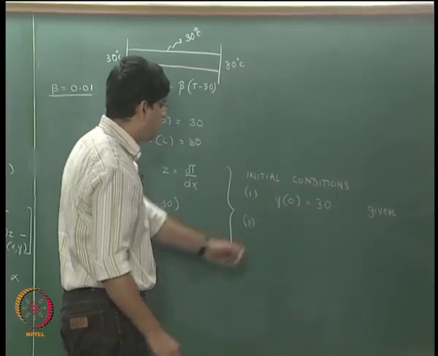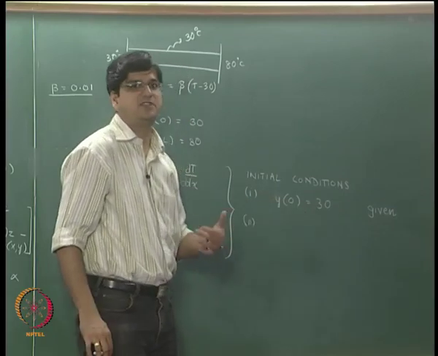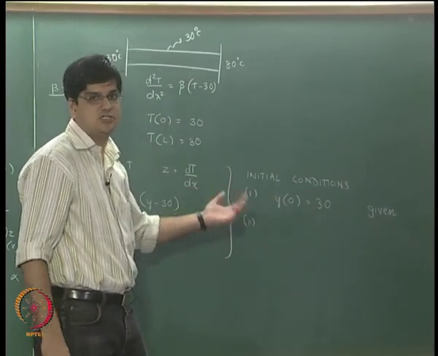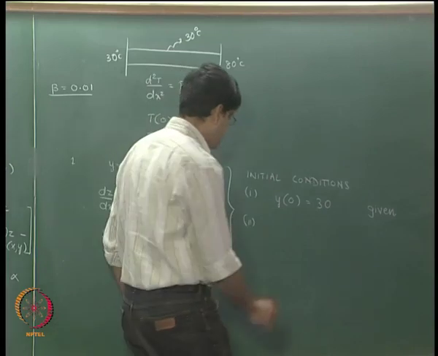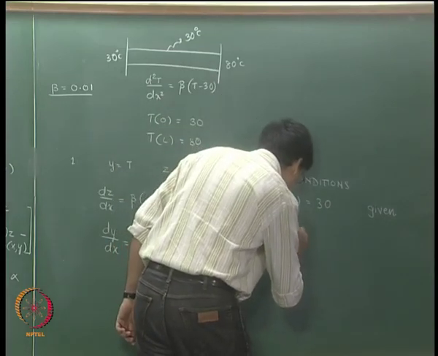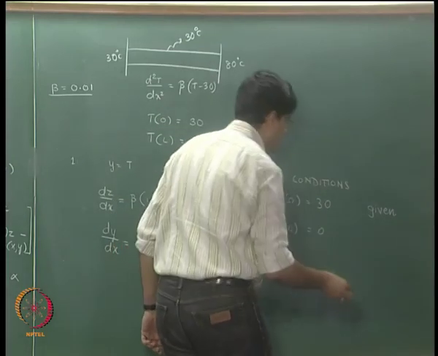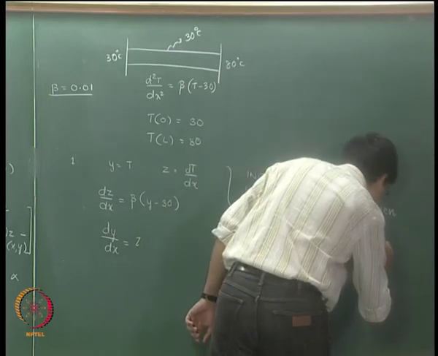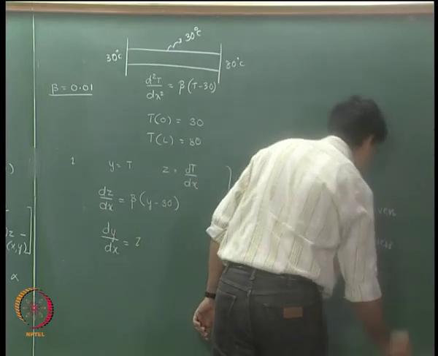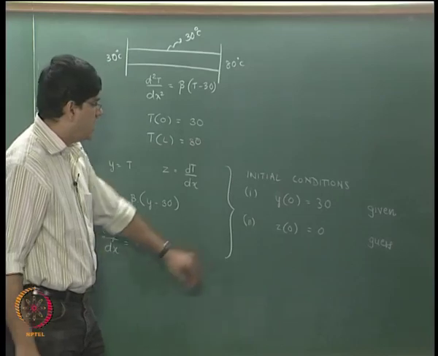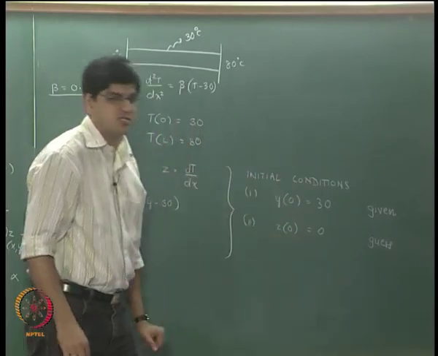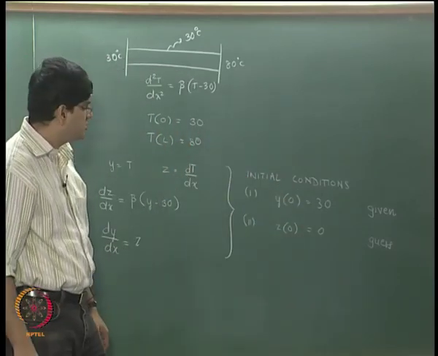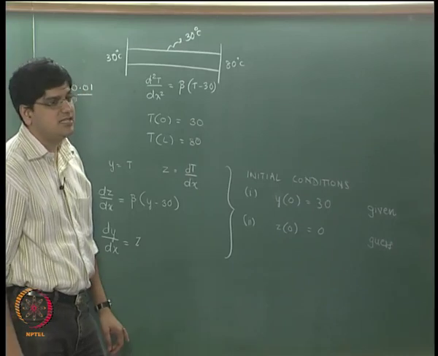Now because y is specified, let us specify z at the initial condition. That would be our second initial condition. So z0 equal to 0, let us say it is a guess. These are the initial conditions that we are going to start off with.